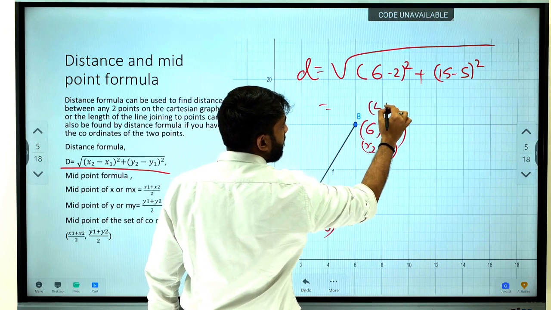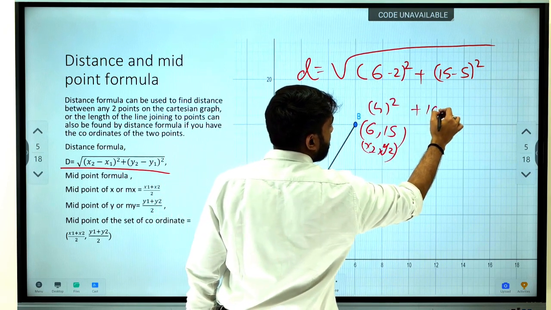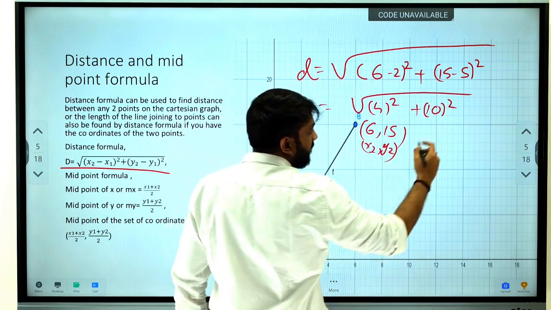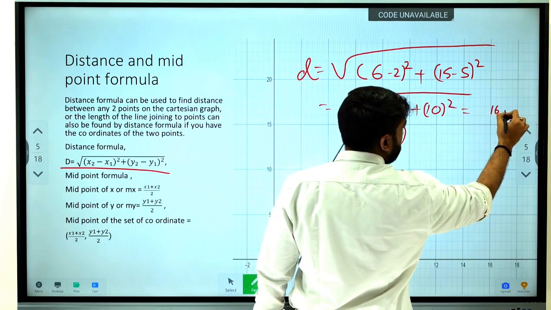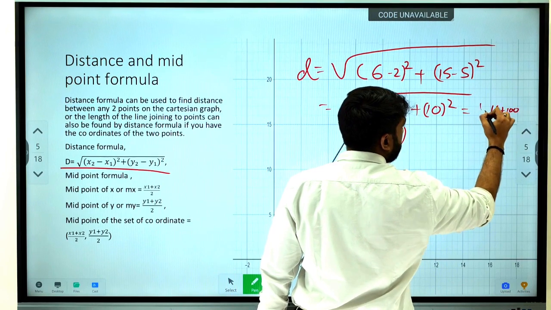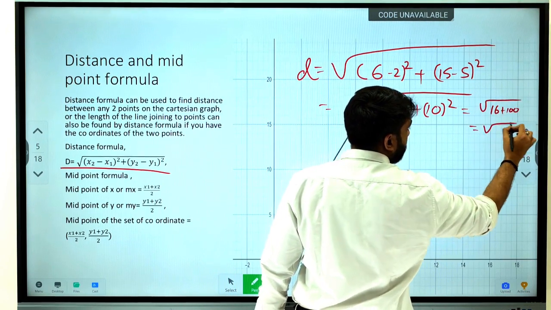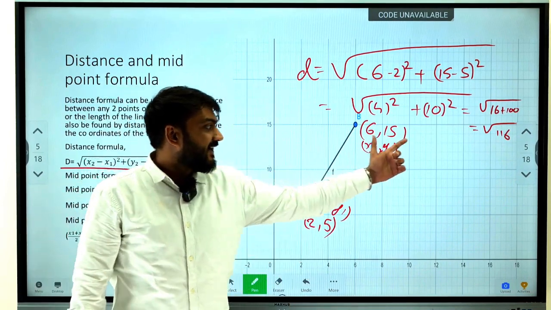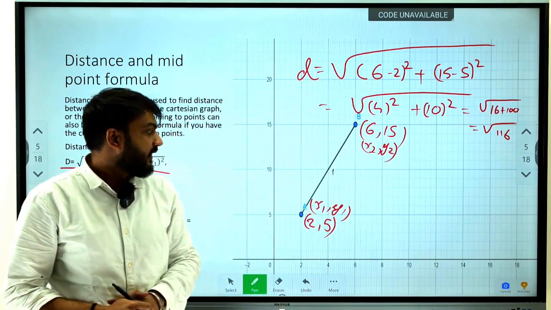This gives me the square of 4 and the square of 10. The whole under root, which will be 16 plus 100, the whole under root, which in turn will be the root of 116.